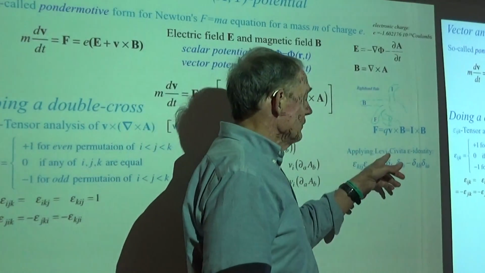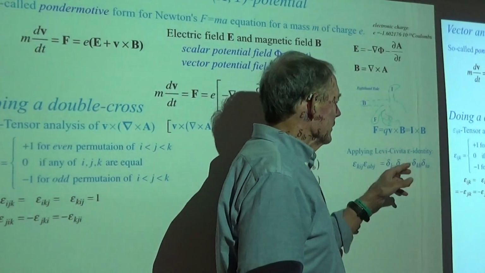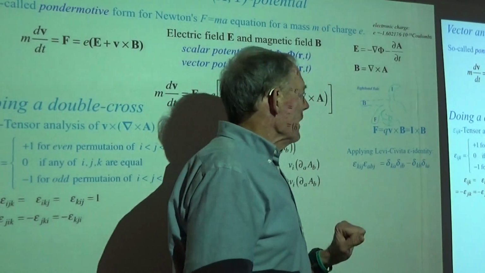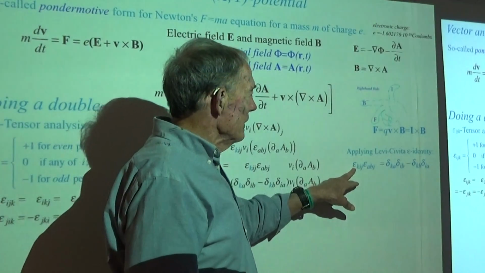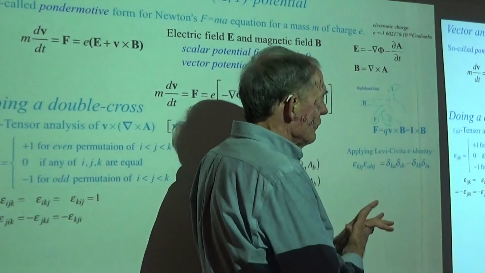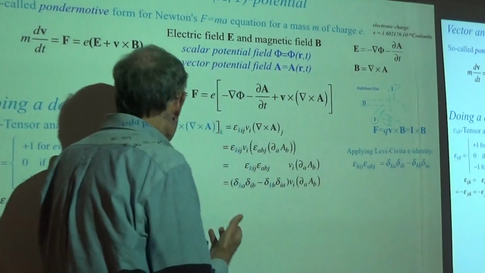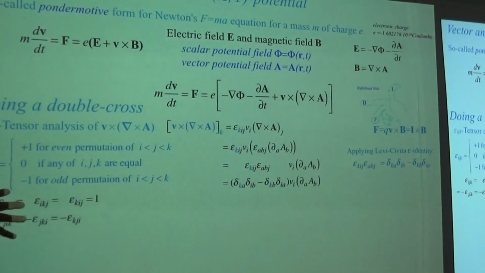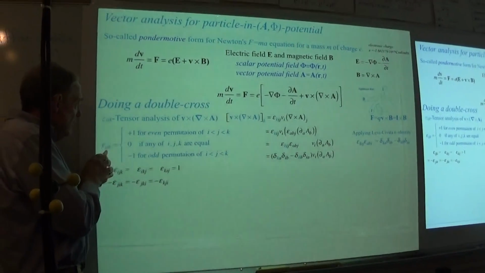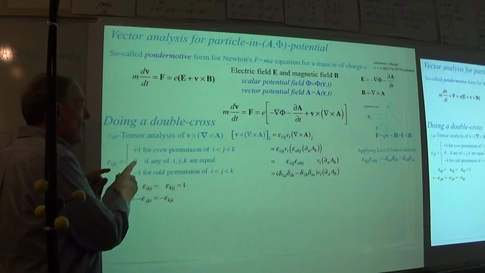This is the Levi-Civita. I think I'm pronouncing it pretty close to that. Epsilon identity. The idea is that you're going to get 0 most of the time, and that's because this symbol is sort of the opposite of the delta function. Whenever any two indices are equal, you're out of business.